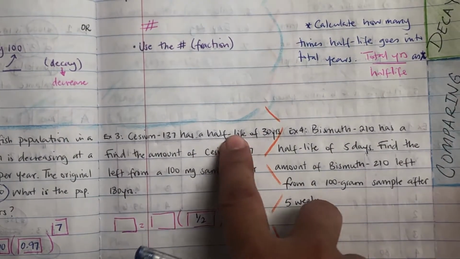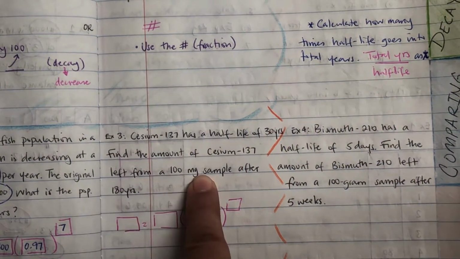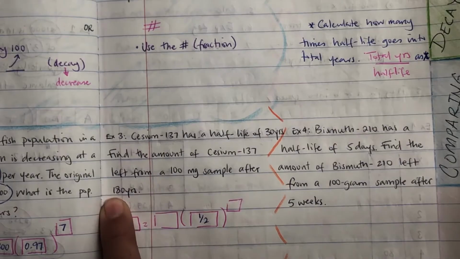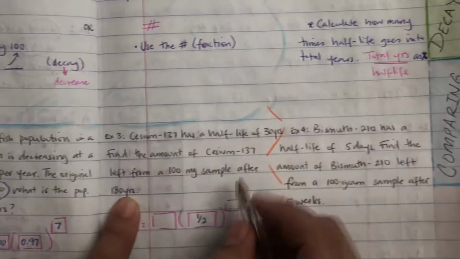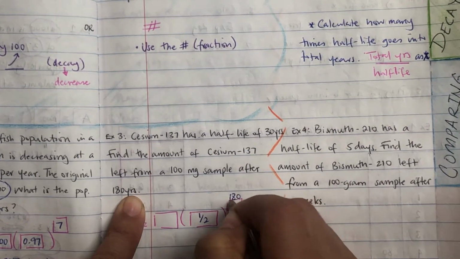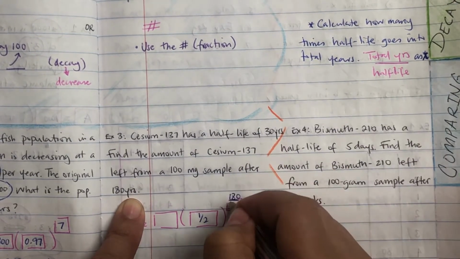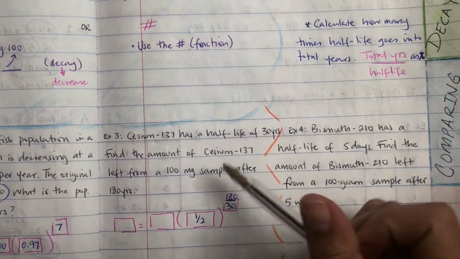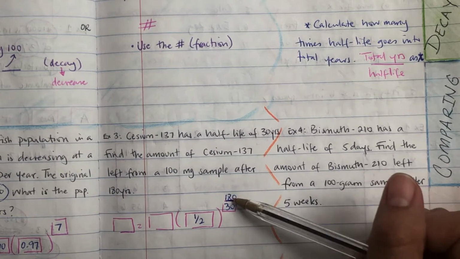So what are my total years? It's telling you it has a half-life of 30 years. Find the amount left from a 100 mg sample after 180 years. X is equal to total, which is 180, divided by my half-life, which is 30. So there's an extra step when you're doing half-life: you have to find out how many times it goes into your total.